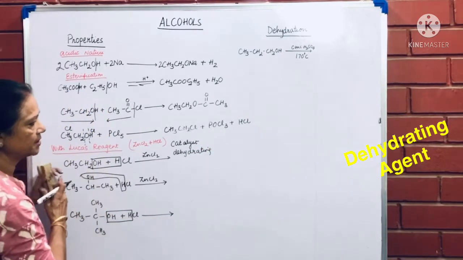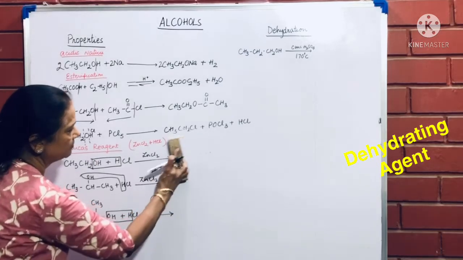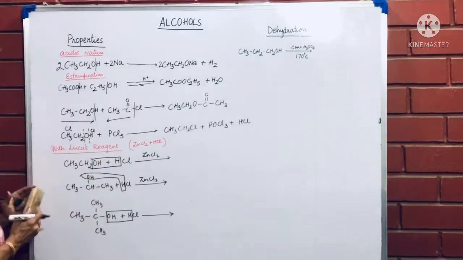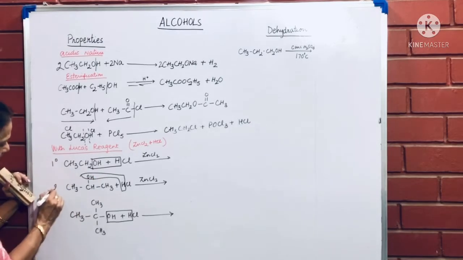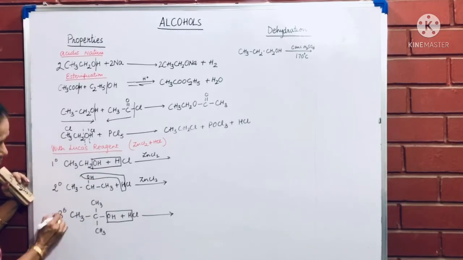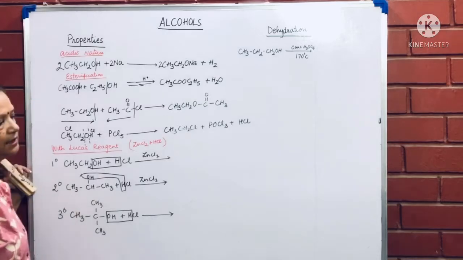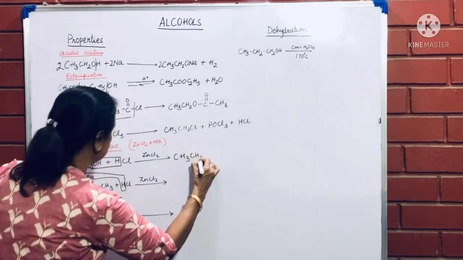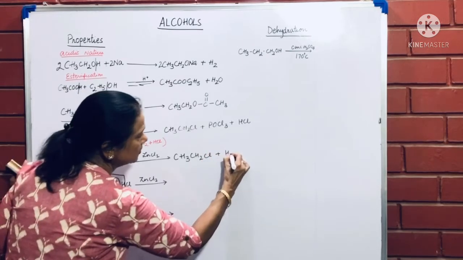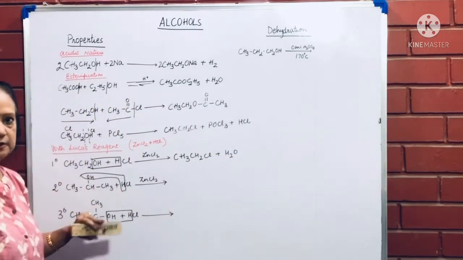So dehydrating agent means it's going to remove water molecule. So when the product is formed in each one of them, we see that in the first case, in primary alcohol, this was primary alcohol, secondary alcohol, tertiary alcohol. In case of primary alcohol, when the product is formed, which is CH3CH2Cl plus water, there is no precipitate formed.